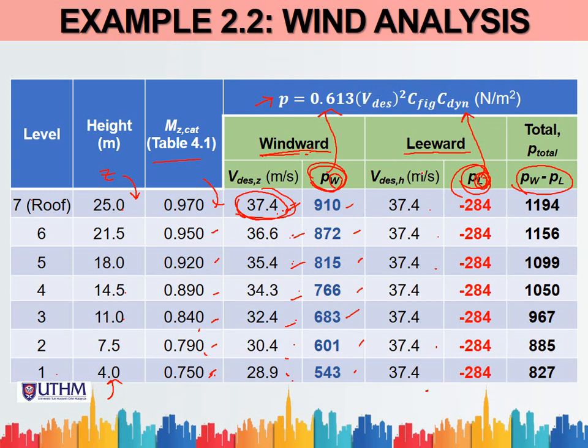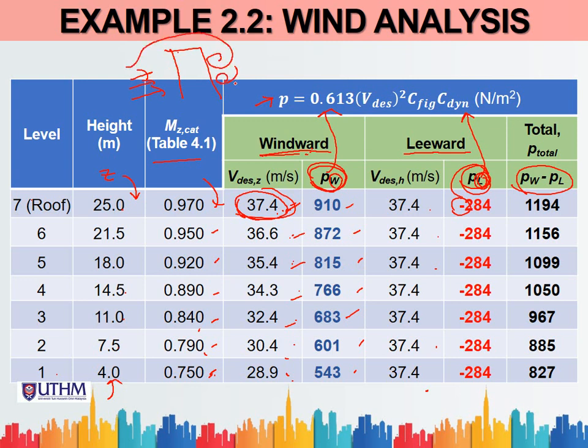And this leeward wall value is negative, because it shows that this is the wind pressure in the suction area.